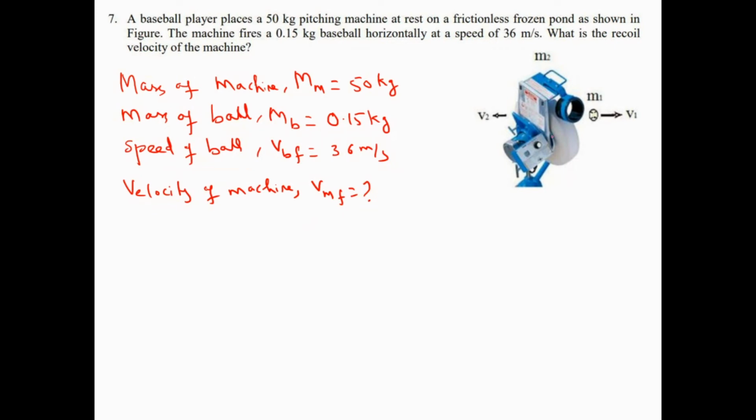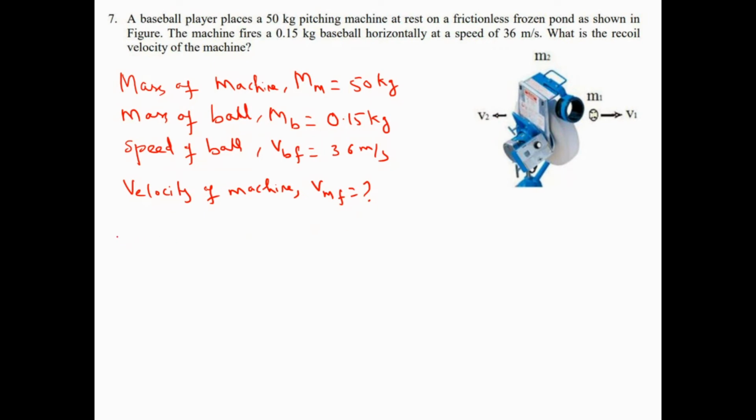So I have to frame the equation because initially this machine is at rest. So I have to frame the equation based on law of conservation of linear momentum. Initial momentum is equal to final momentum. In this machine, the ball is also there. So initially the machine is at rest. That means the ball is also at rest.